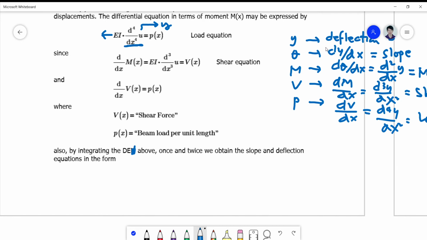Okay, so integration of this moment, once or twice, the procedure will get you back into the computation of your slope and deflection respectively.